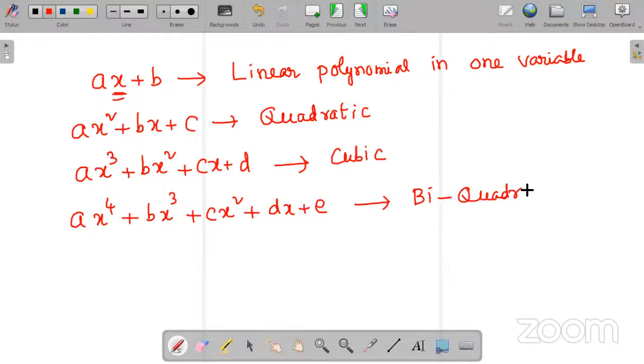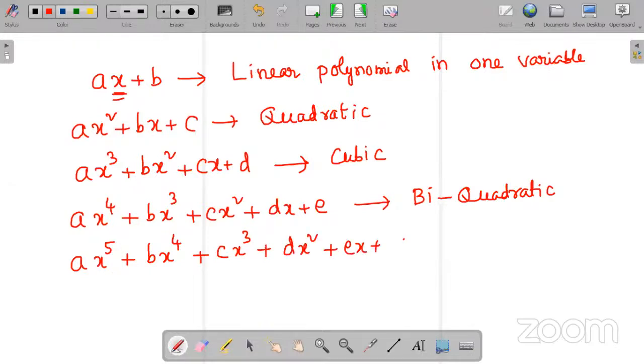You remember like that. Next, ax to the power of 5 plus bx to the power of 4 plus cx cube plus dx square plus ex plus f. This is called a quintic polynomial. But in all cases, you must remember a should not be equal to 0.